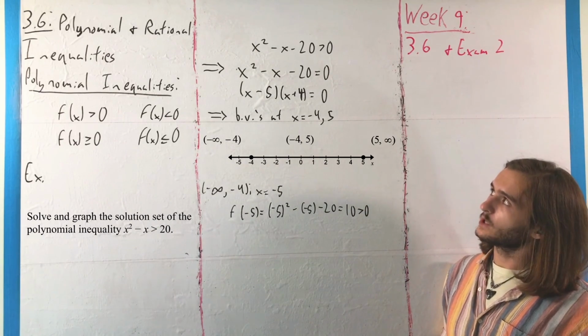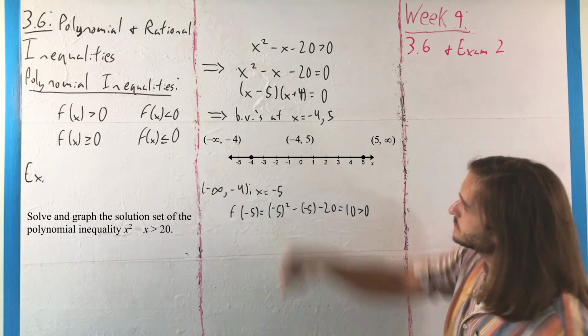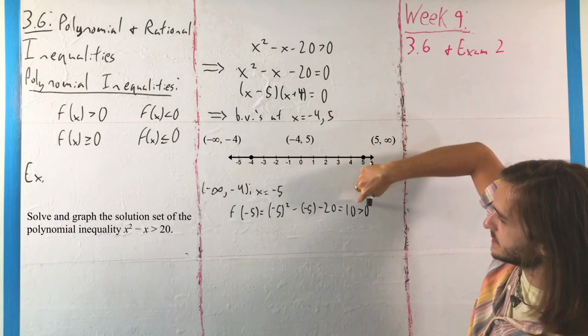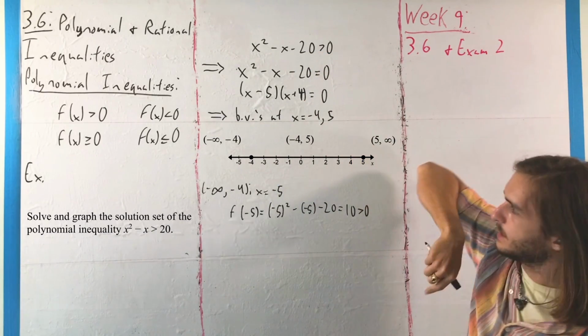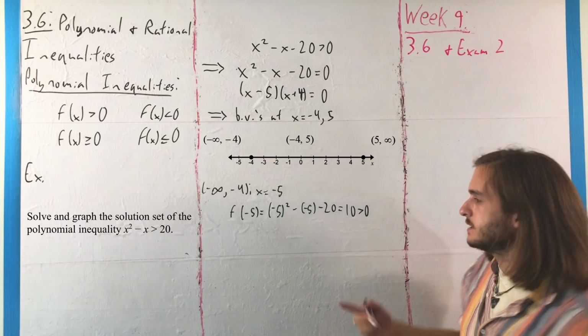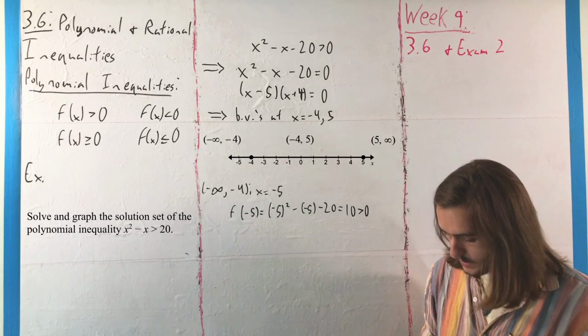And remember, what we're looking for here are values where this relationship is bigger than 0. And you can't possibly change to being negative along this window.